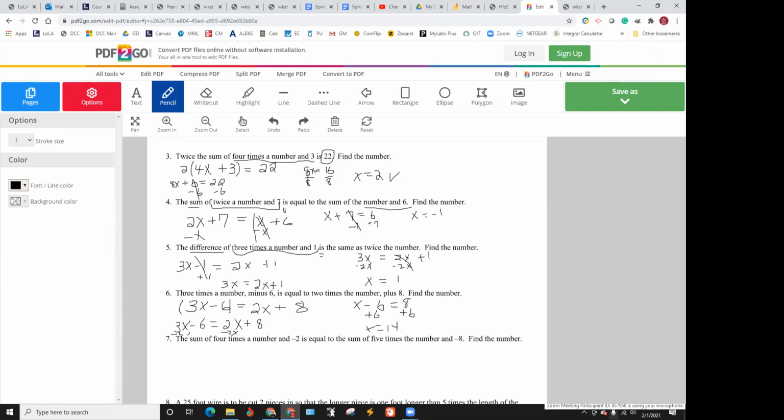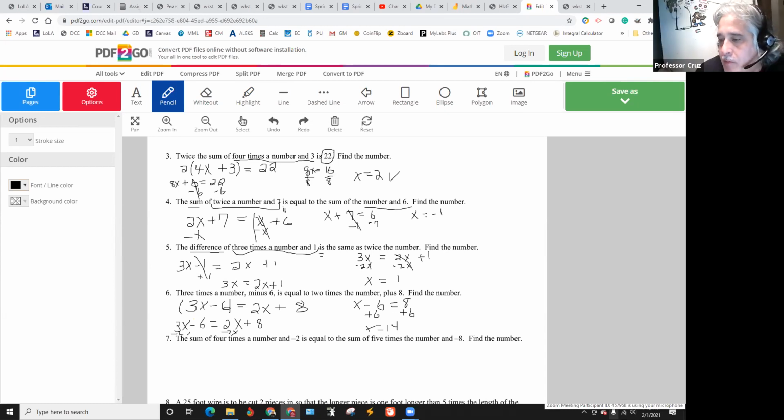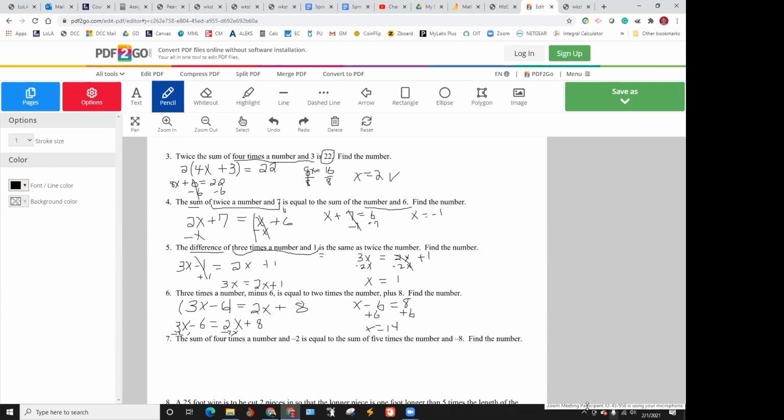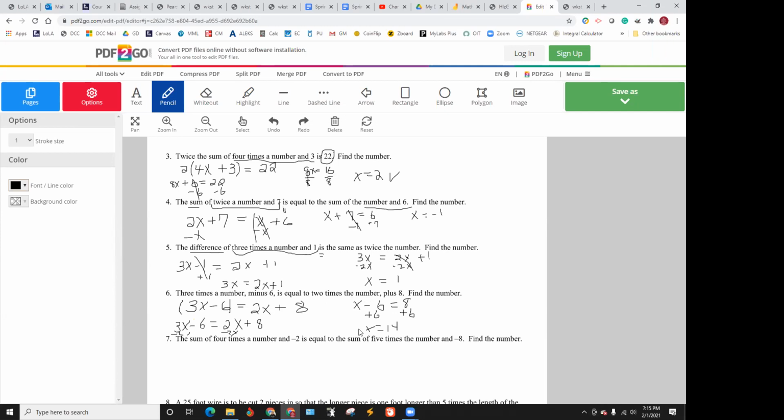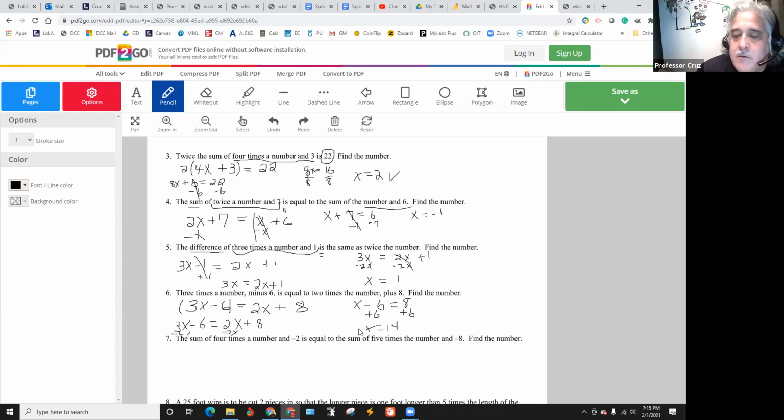I got negative 14. What are you getting a negative at? Because I did positive 8 is equal to the number plus 8. Okay. So tell me what you did. Because I got 1x minus 6 equals 8, and then I did minus 8 on the 8 side, and I did minus 8 on the 6 side.